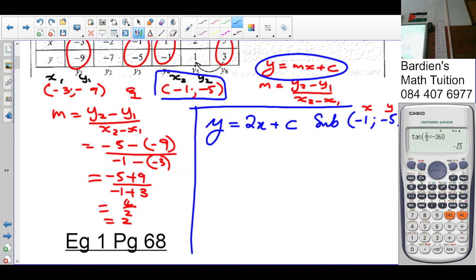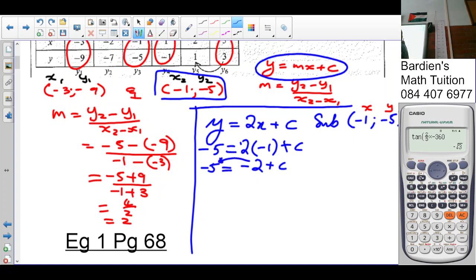Alright, here we go. Listen. We got -5 equals 2 times x, and x is -1. So it's 2 times -1 plus c. So that's going to give you -2 plus c is equal to -5.